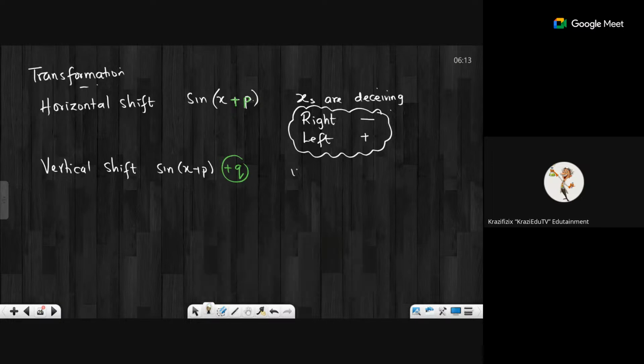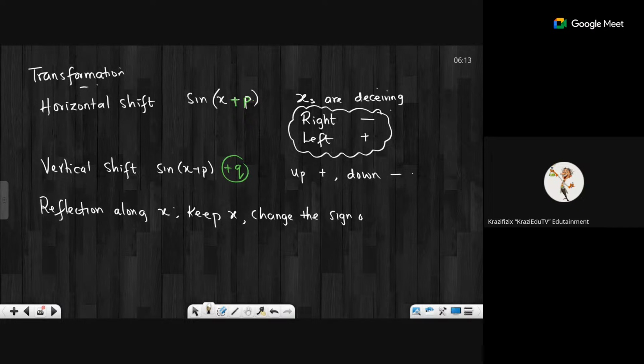Up is positive and down is negative. Action along the X, what do you do? You keep X and change Y. Y must be what? Negative.